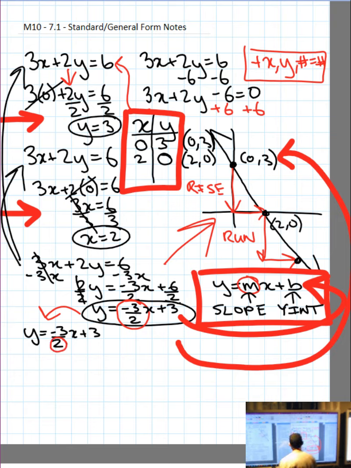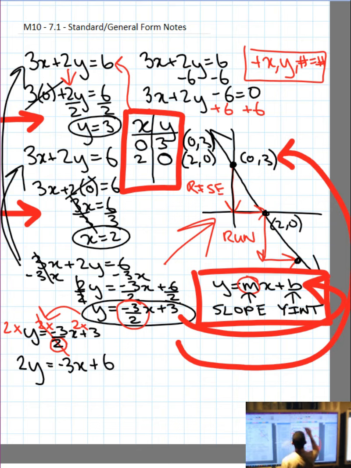So I want to times both sides by 2. So 2 times y is 2y. Now, I timesed it by 2 only to cross off the 2 over 2. So we're left with negative 3x, and 2 times 3 is 6, positive 6.